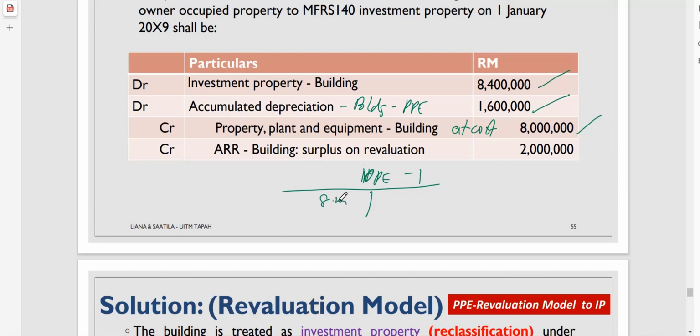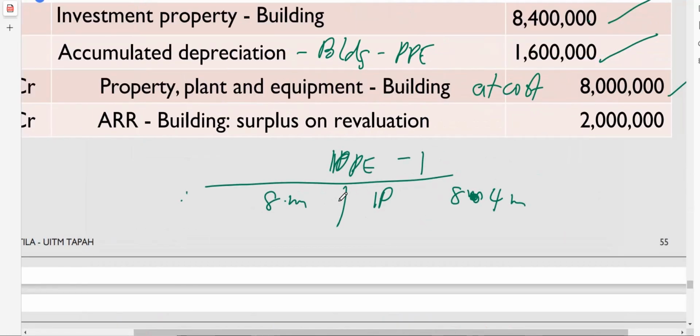And now you transfer them with 8 million, and that would give 8.4 million. This will go to the IP. This is the one that you have as the balance brought down on 1st of January X9.